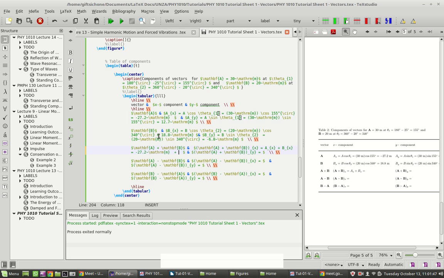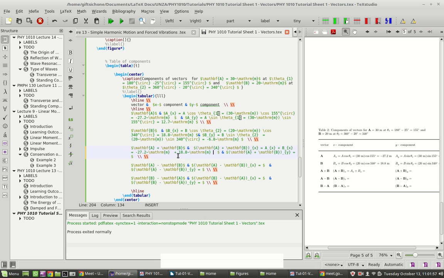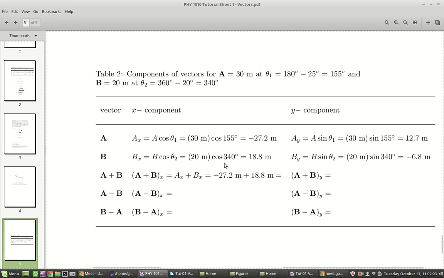The x component of b is 18.8. The x component of A is minus 27.2 meters. The x component of B is 18.8 meters.